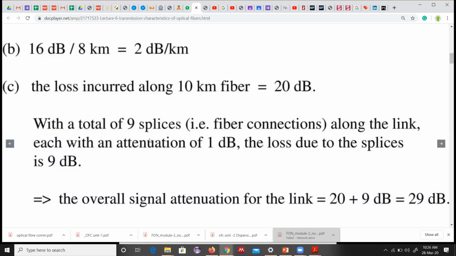And what if you place connectors or splices in between, how the attenuation will increase. In the second module, attenuation and bandwidth are the two important things we will be understanding. The first part was attenuation, and the introduction to attenuation is in terms of overall loss, and types of attenuation will be discussed in the next lecture.